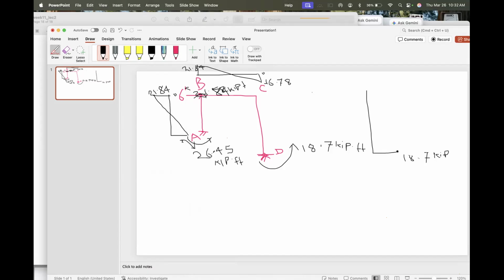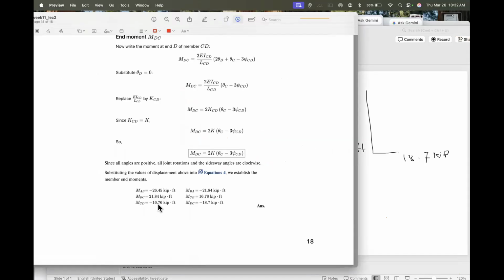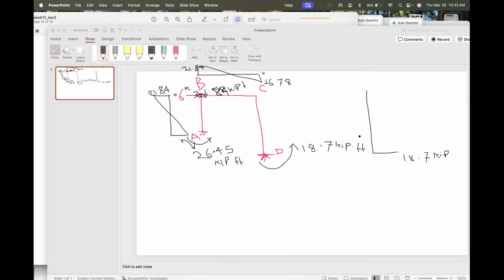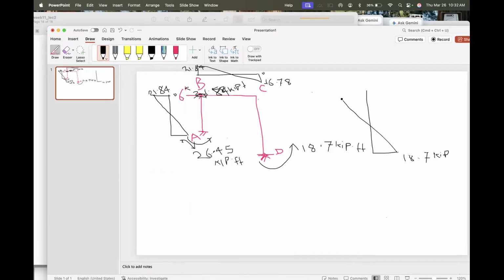Then for this one, CD, 16.76 kip-ft upward. So this one, I think it will be 7.6.